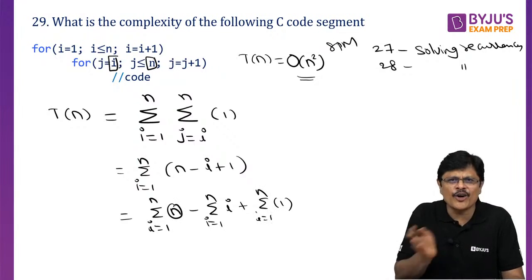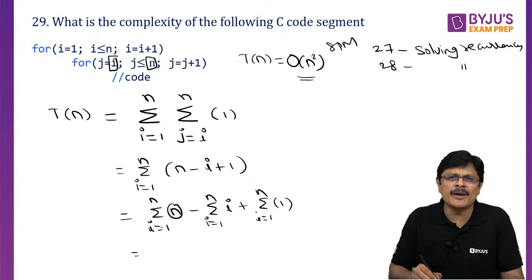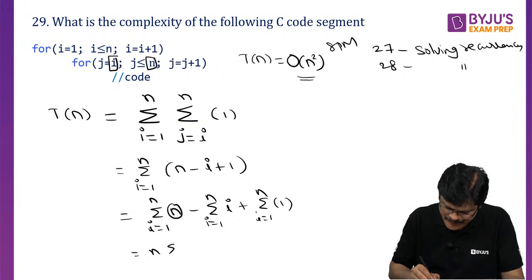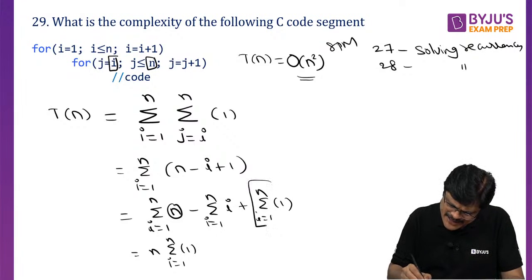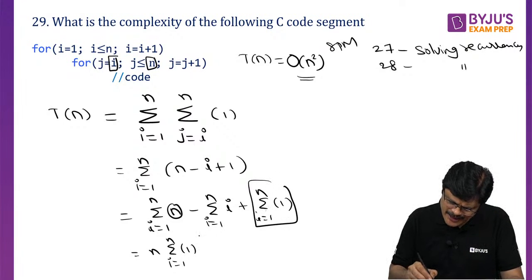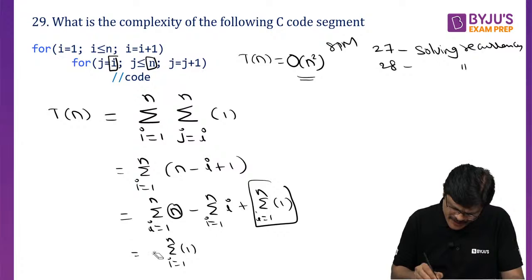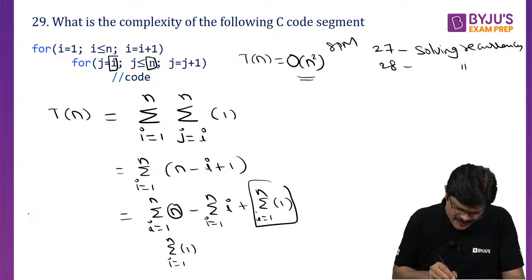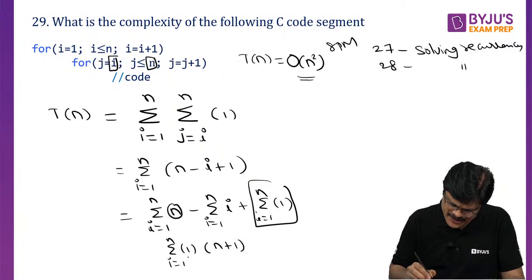Here n is a constant and can be taken out. So you get sigma I is equal to 1 to n of 1 only, which is exactly the same as this. So here sigma I is equal to 1 to n, n plus 1 is common. Instead of writing it twice, for these two terms I can take n plus 1 common, a constant.